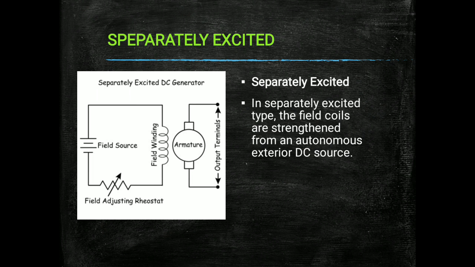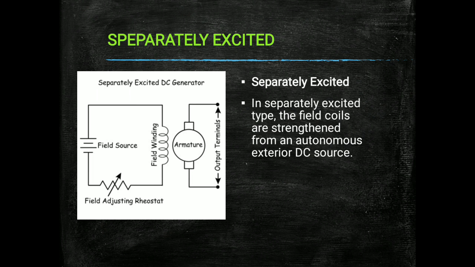So the field is energized by the DC supply, which is controlled by the field adjusting rheostat, and there is an armature which is connected to the output terminals. These output terminals are connected with the loads or load resistance.